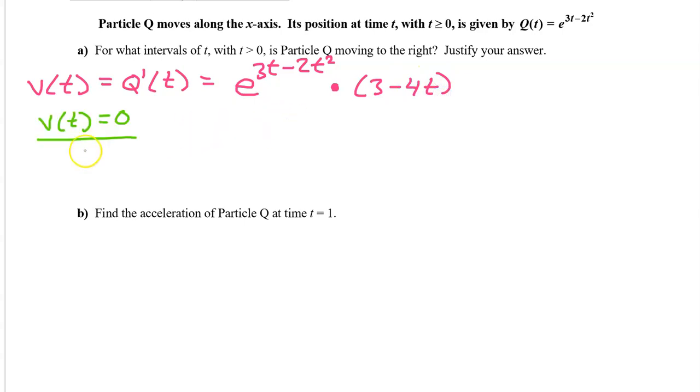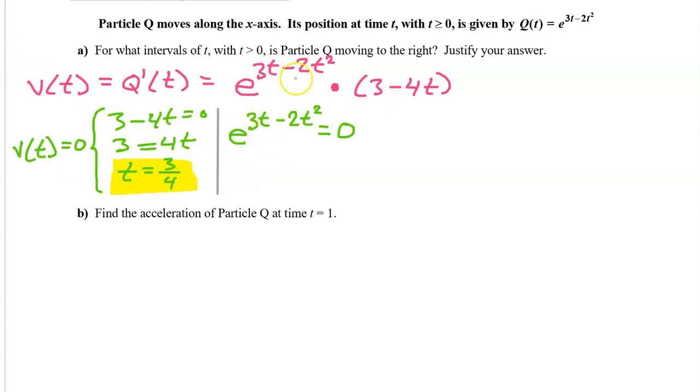To make a sign chart, we need to find the critical values where the velocity is equal to 0. So looking at these two factors, I can see that the factor of 3 minus 4t, if we set that equal to 0, that's going to give us 3 is equal to 4t, which leads us to the critical value t is equal to 3/4.